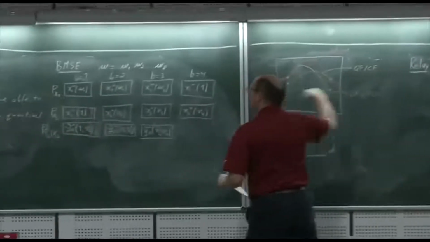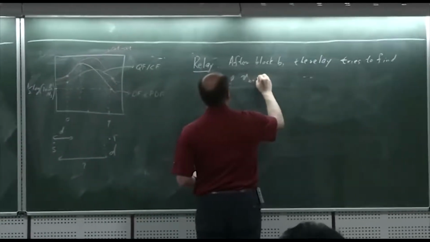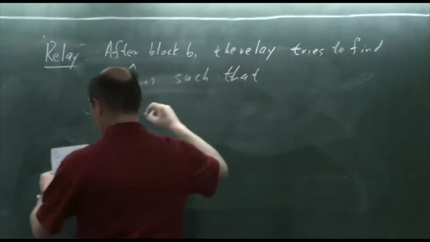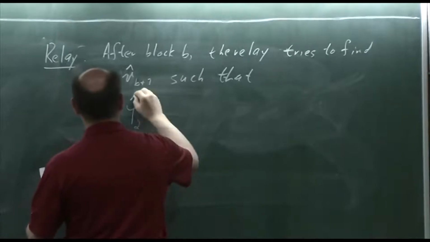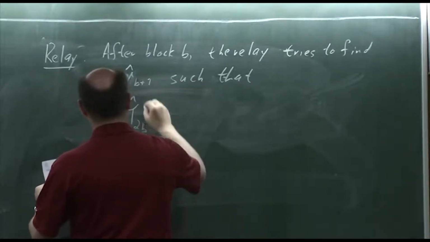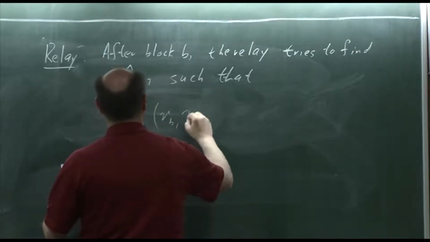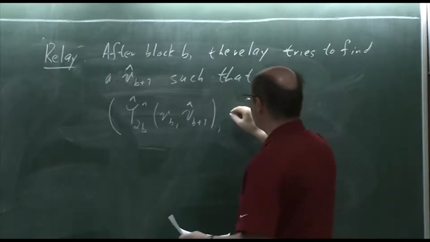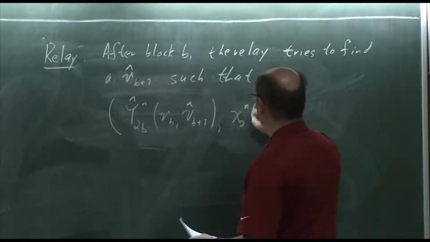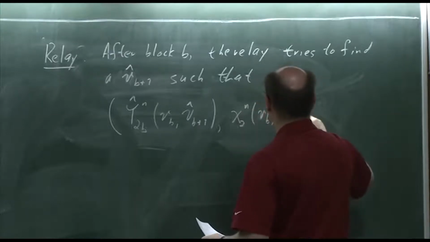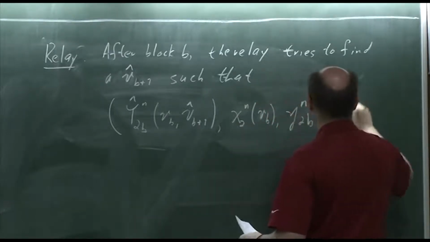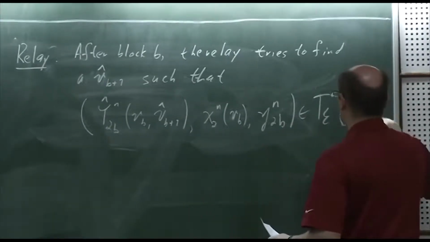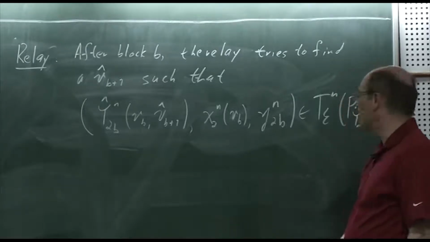So we're at v b plus 1 hat, such that we find a jointly typical triple: y2 hat n, v b, v b plus 1 hat, right? This one it knows, and it should be typical with x2n v b and y2n from block b, jointly typical with respect to the distribution, of course, that we're expecting. Okay, that's what we're looking for.